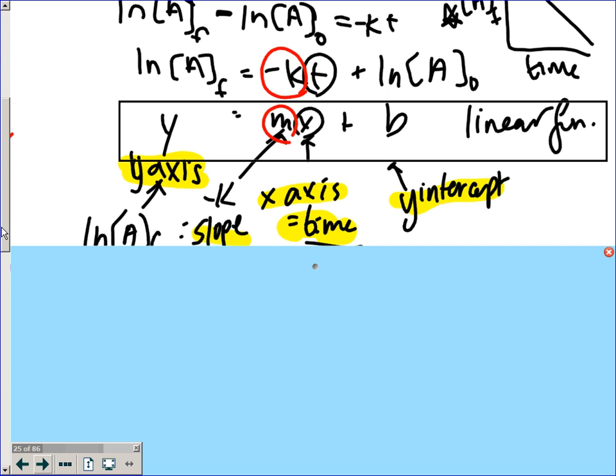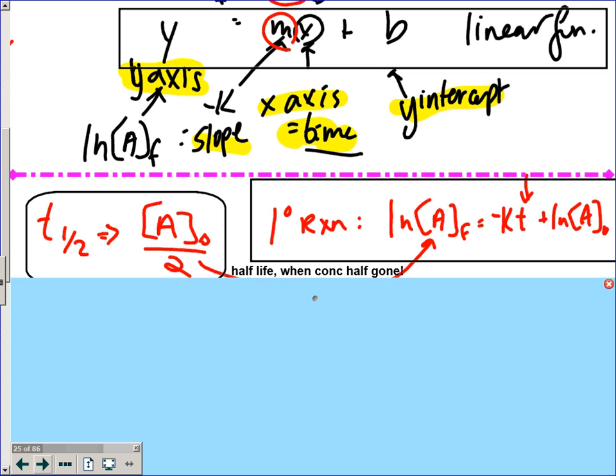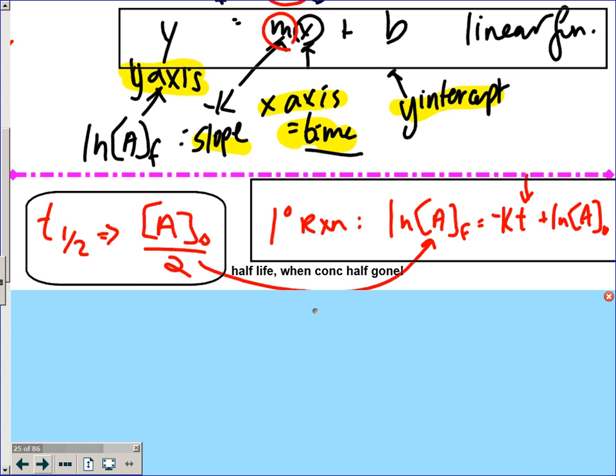So when I compare concentration final versus concentration initial, at T 1/2, which is what we'll call half-life, the concentration should be half of the initial. At T 1/2, A initial has just been divided by 2. Does this make sense? It's half of the original concentration.